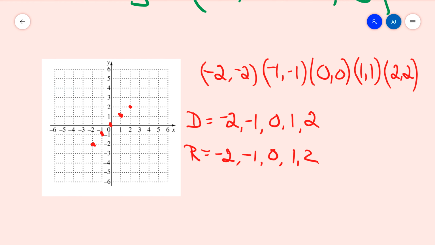You could still write the domain with the same number, but if you had two of the same number, you're just going to write down that one number one time. You wouldn't list it twice. But having two of the same x values really means that it's not a function, which is a slightly different conversation. I just want to clarify that.